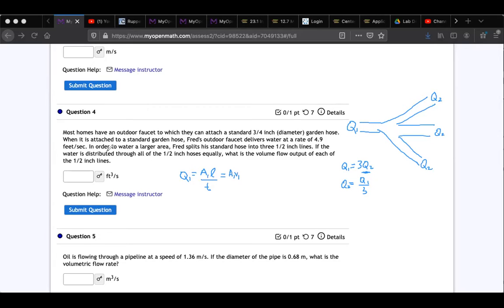And velocity 1 is the thing that they give us right here. So we need to calculate area 1. You're given the diameter right here. Diameter is 3/4 of an inch. So you take your diameter D, divide it by 2, square it, and multiply by pi to get that area. So that's pi r squared, and then multiply by V1.